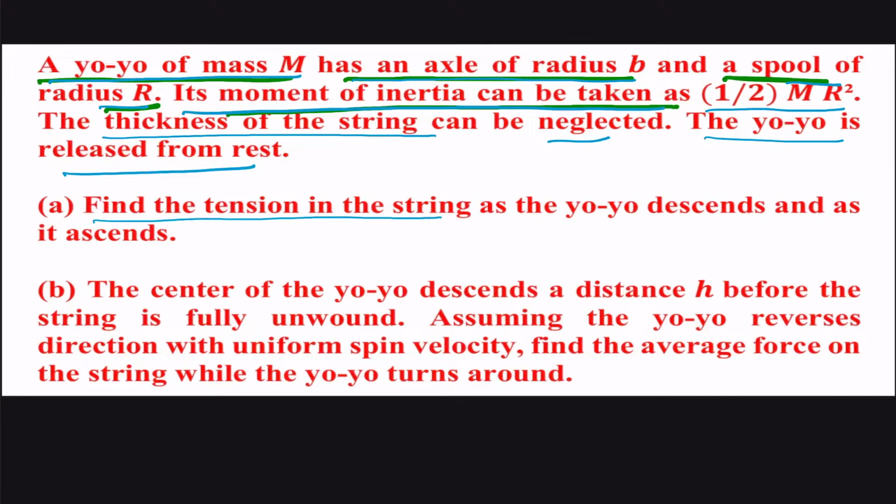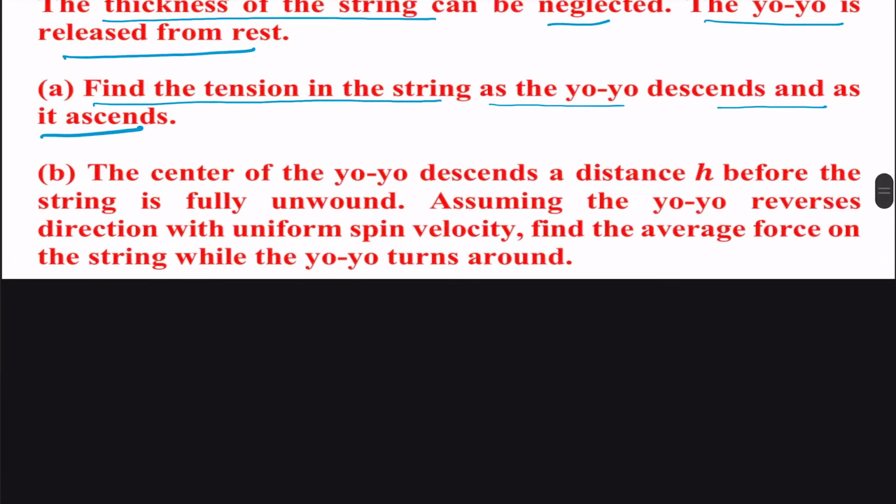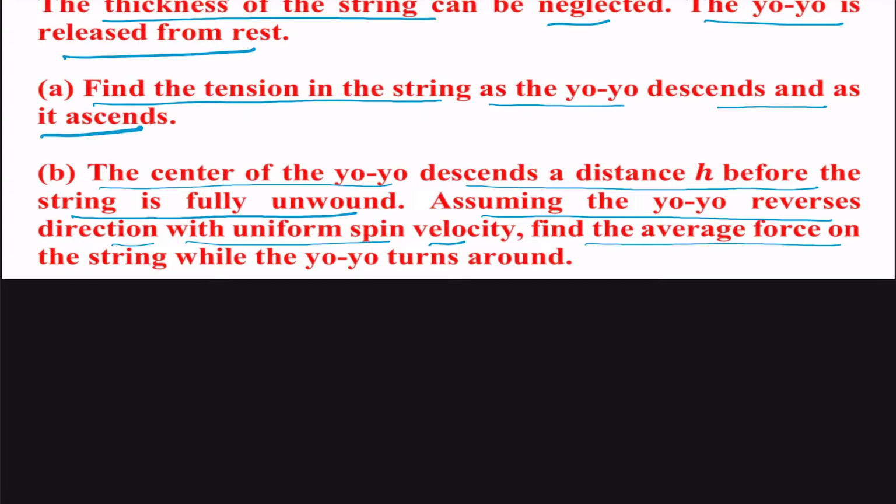Part A: find the tension in the string as the yo-yo descends and as it ascends. Part B: the center of the yo-yo descends a distance h before the string is fully unwound. Assuming the yo-yo reverses direction with uniform spin velocity, find the average force on the string while the yo-yo turns around.